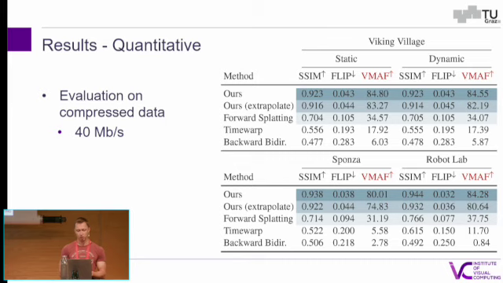Especially time warp and backwards bidirectional reprojection perform quite poorly, which is mainly due to the fact that they simply do not align with the ground truth, as time warp does not account for translation, and backwards bidirectional reprojection does not react to the client's movement.